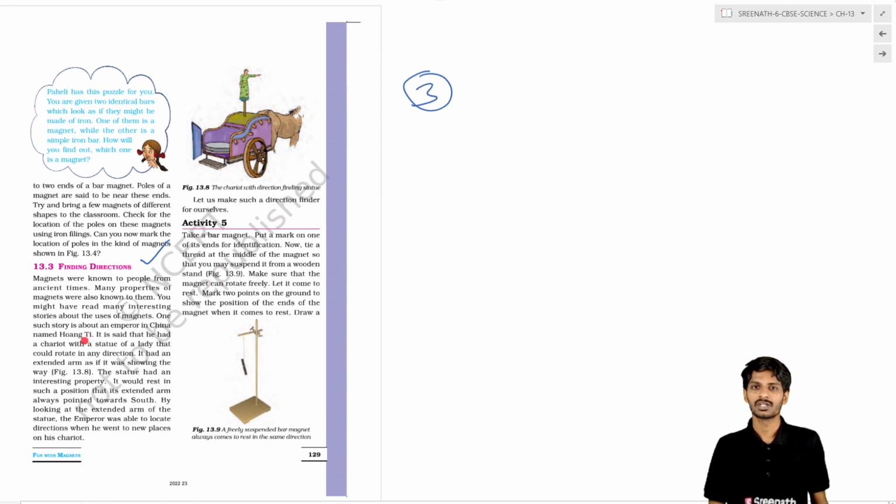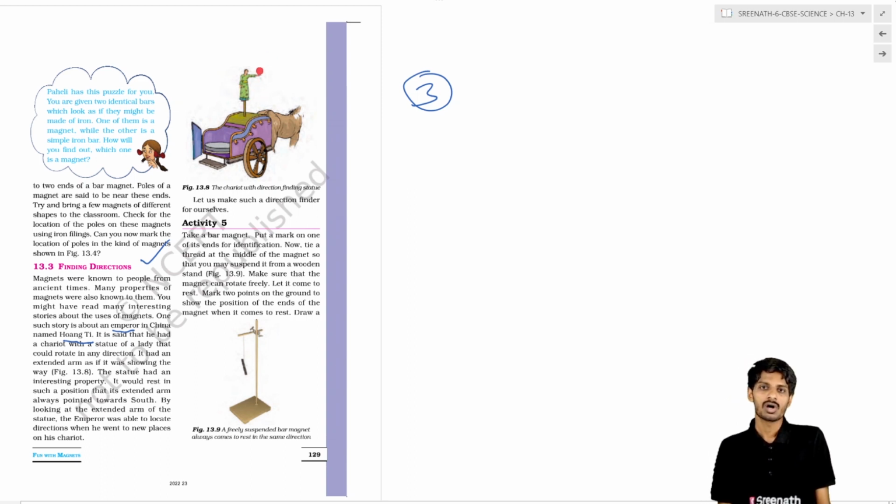Basically, there are so many stories about magnets because they were discovered long ago. One emperor in China, whose name is Hong Tai, had a chariot. It has a toy with a stretched arm, and this stretched arm represents the direction. With the help of this chariot and this toy, he could easily find the direction.